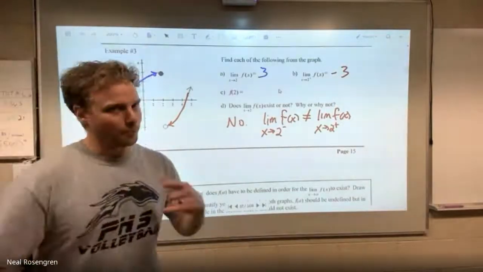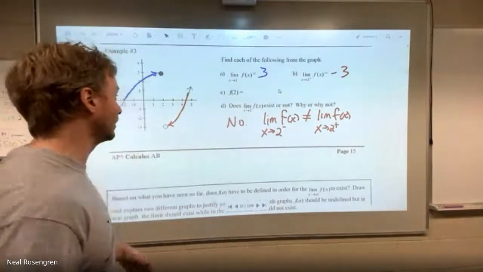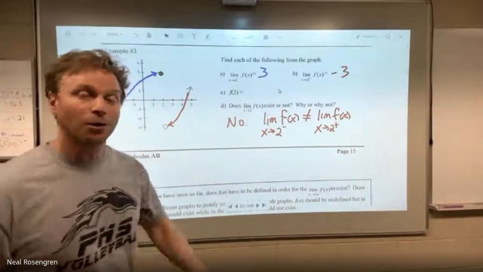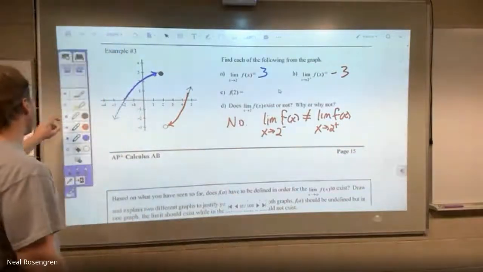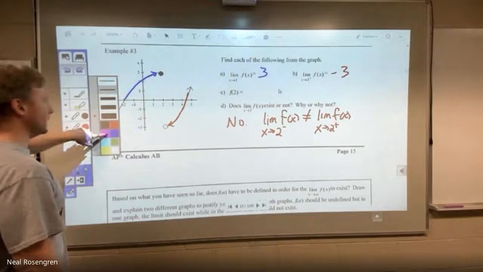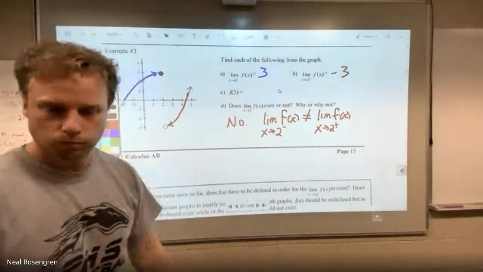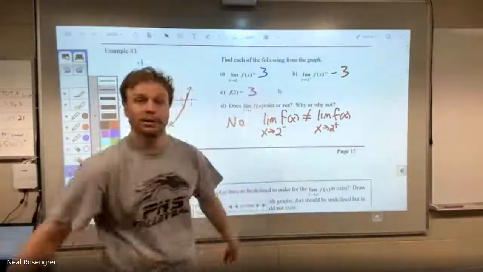Okay, jumping back to C real quick before we let it go, because we still want to hold on to all of those old pre-calculus skills of just evaluating functions. Where's the point? What is f of 2? 3. Yeah, there it is, because that's where the actual point is, okay?